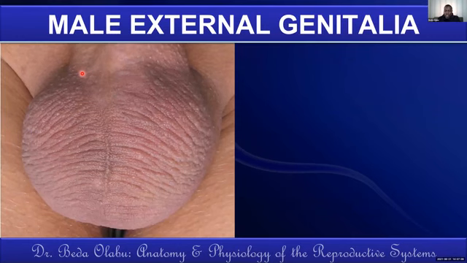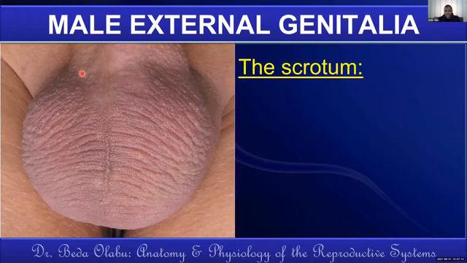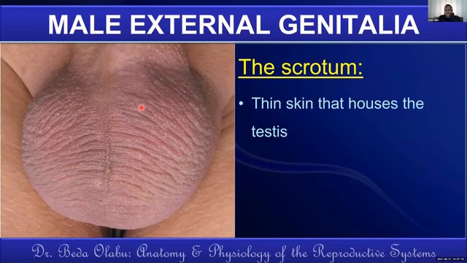Having mentioned that the male external genitalia consists of the scrotum and the penis, let's start by talking about the anatomy and function of the scrotum. In terms of anatomy, the scrotum is just thin skin, usually, that houses the testis. So basically just skin. It is one big skin with a septum in the middle, or nearly the middle, dividing the scrotal sacs into two compartments: the right scrotal sac compartment and the left scrotal sac compartment.